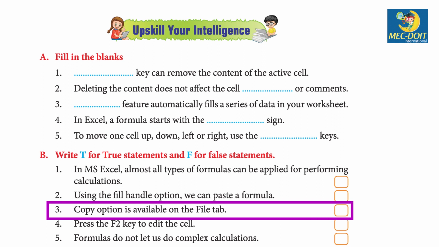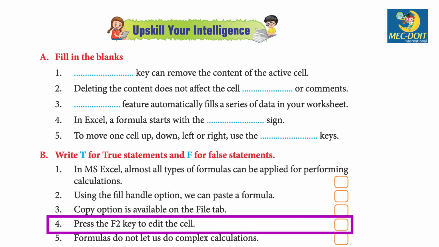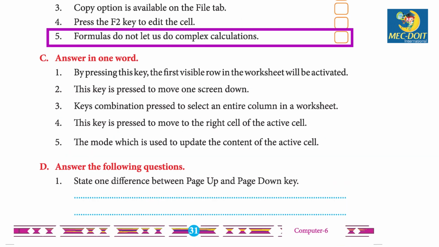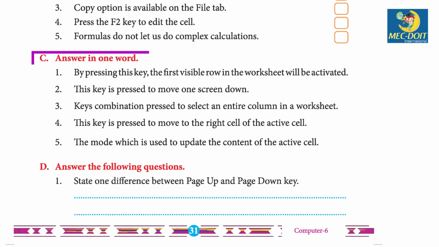Copy option is available on the File tab. Answer: false. 4. Press the F2 key to edit the cell. Answer: true. 5. Formulas do not let us do complex calculations. Answer: false.